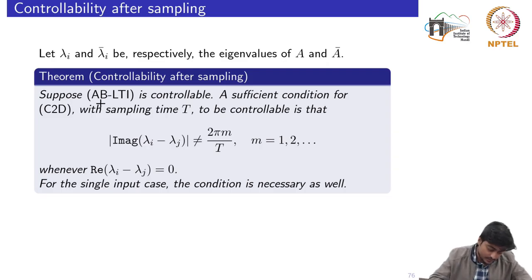So this is the result: suppose that the continuous time pair AB is controllable. Then a sufficient condition for the discretized equation with sampling time t to be controllable is that the imaginary part of the difference of two eigenvalues lambda i and lambda j of the continuous time system is not equal to 2 pi into m by t, where m is a positive integer, whenever the real part of the difference of the two eigenvalues is 0.